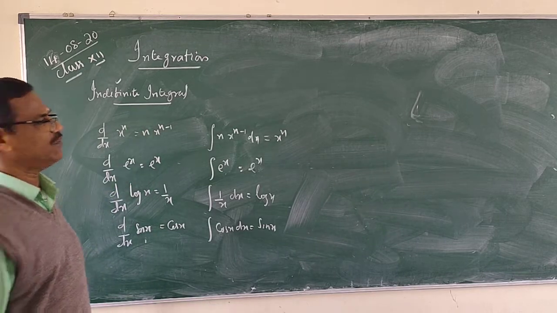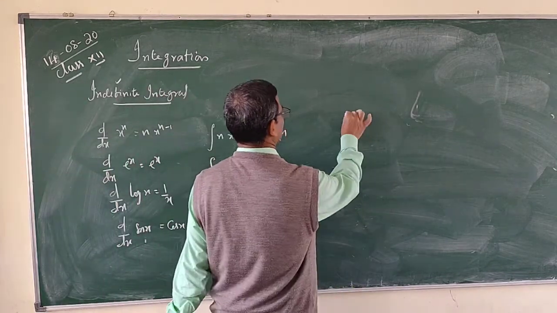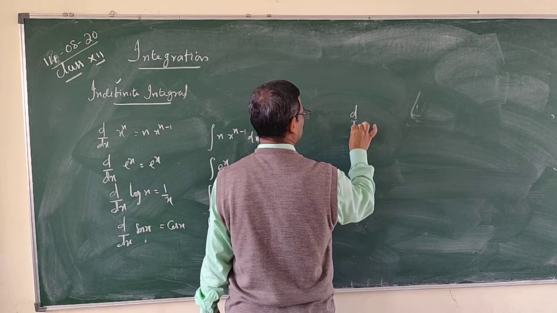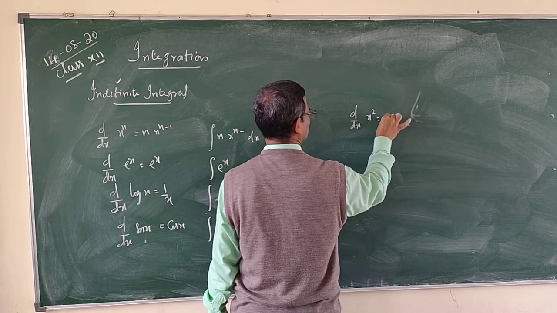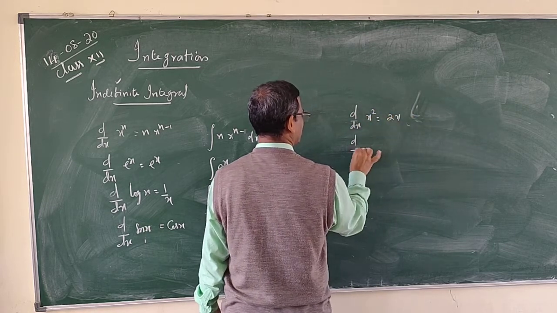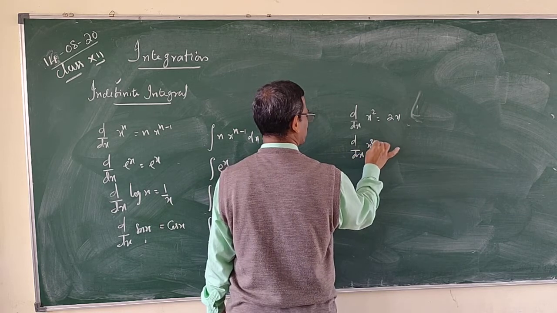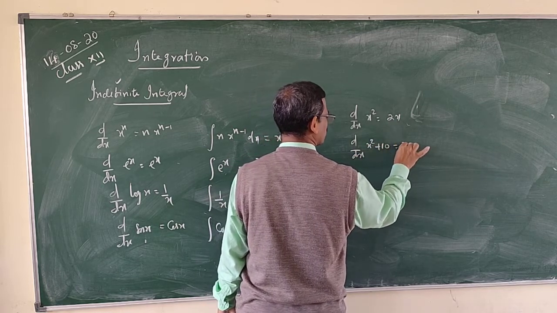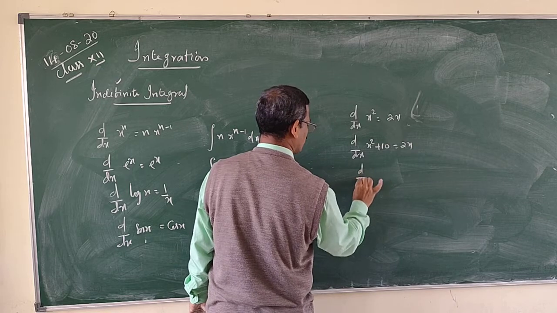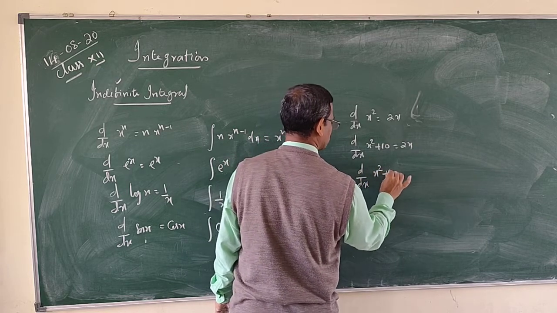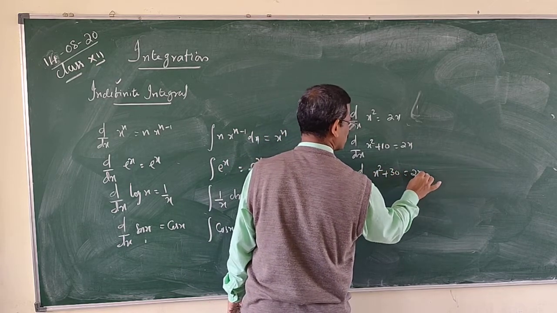Now one more thing I want to mention here: d by dx of x square is 2x. d by dx of x square plus 30 is also 2x.